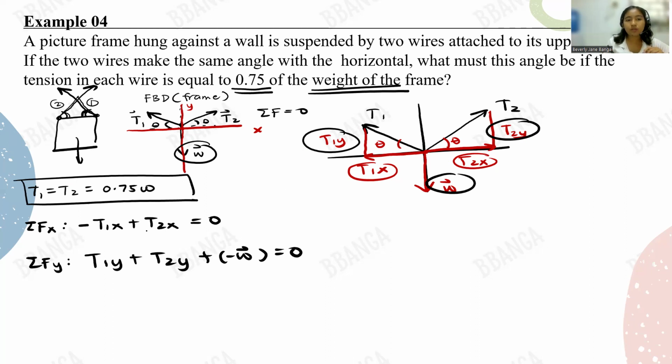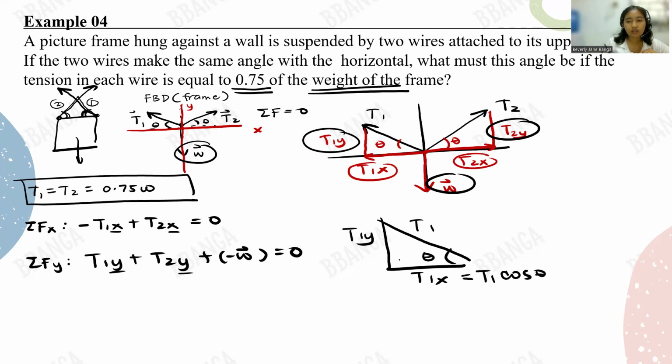No? So, the next thing that we need to do, pag na-recognize nyo na itong x and y are basically components, so pag may components, kailangan ulit mag-sine at cosine, yun yung gagawin natin dito, no? So, kay T1, ito yung itsura niya. Theta, T1, T1y, T1x, no? So, ang T1x natin is adjacent, so you simply have T1 cosine theta, and yung T1y natin ay opposite, so this is simply T1 sine theta.